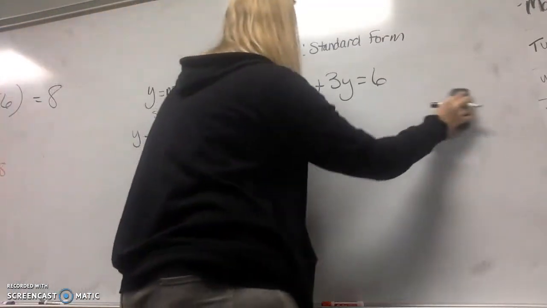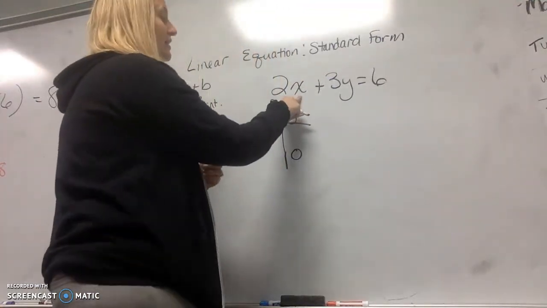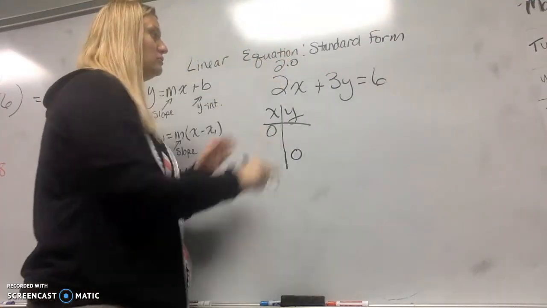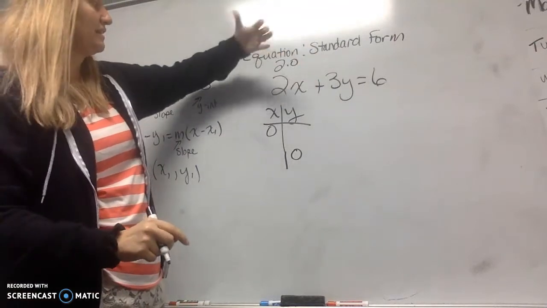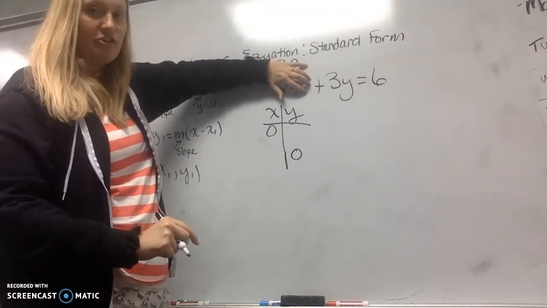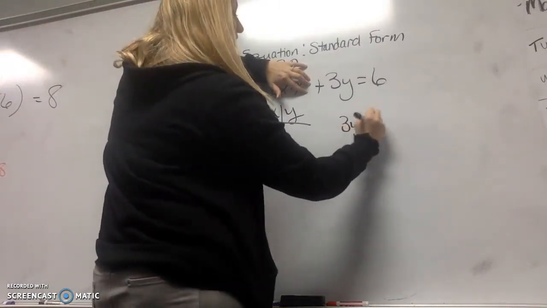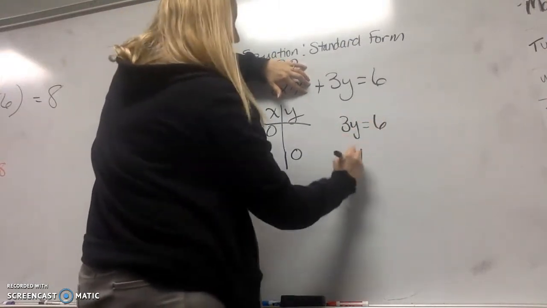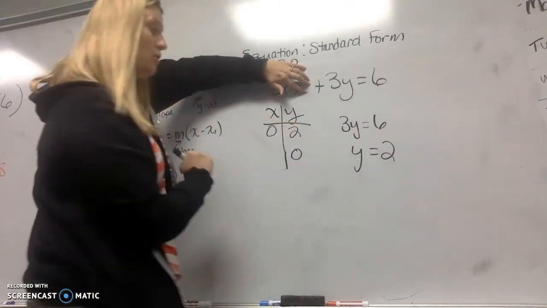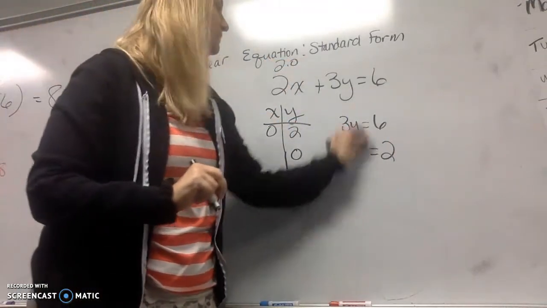If I plug 0 in for x, that's going to give me 2 times 0, which is 0. So that entire term goes away, and I'm left with really only solving this. And that means y is 2. So our y-intercept is 2.